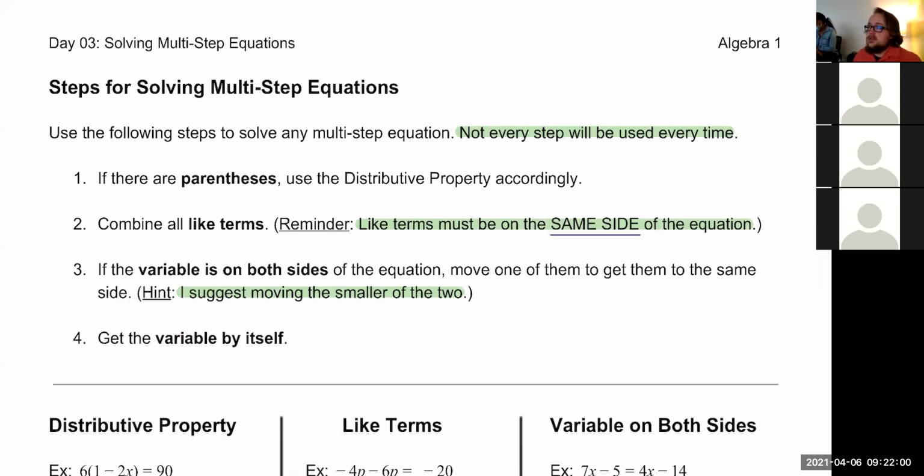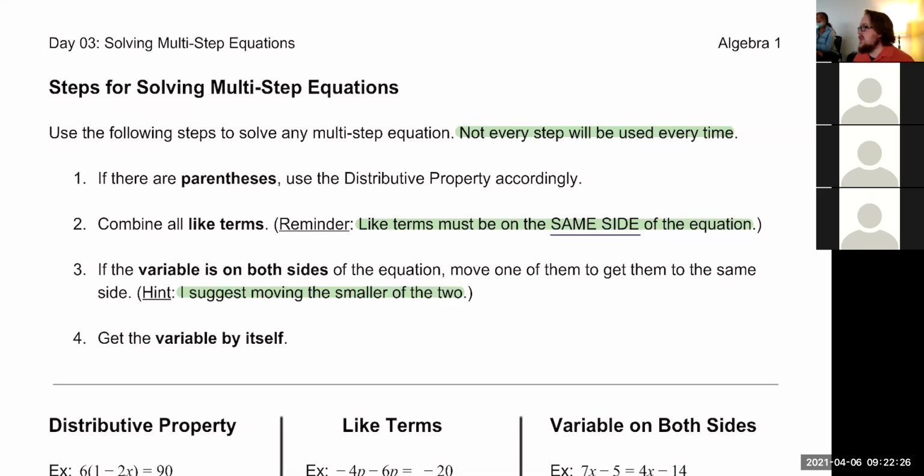One of the things that usually trips students up the most are negative signs for whatever reason. They cause confusion when you're adding and subtracting. They cause even more confusion when you're multiplying and dividing if you're not comfortable with the rules that go with each. So by moving the smaller of the two variables, you're going to avoid an extra negative sign that you'll have to deal with later.